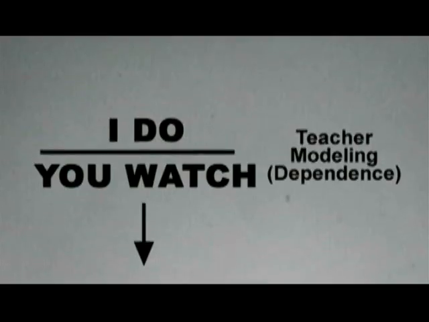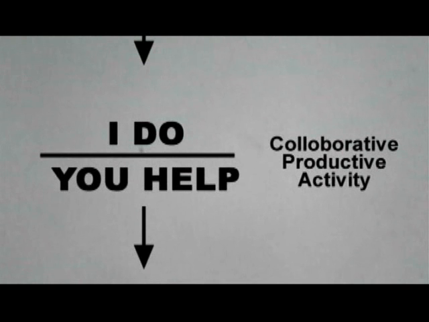The second step is "I do, and you help me do it." This is called collaborative productive activity or joint productive activity, where I'm doing the same task after I've modeled it, and now I invite you to take over the parts that you can do. This is how apprenticeship works in trades.